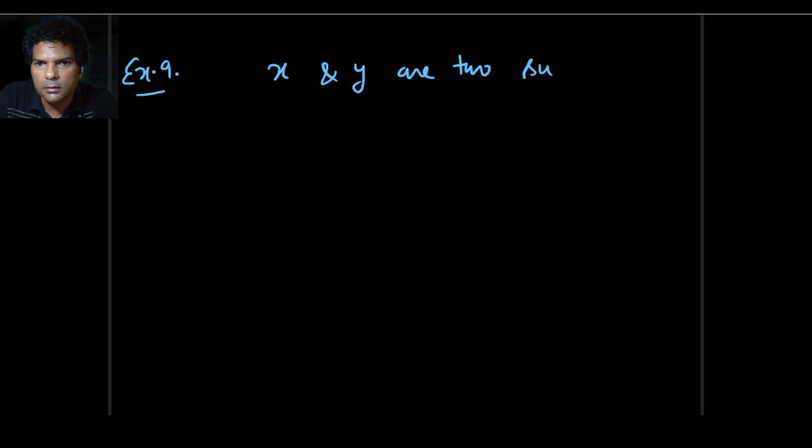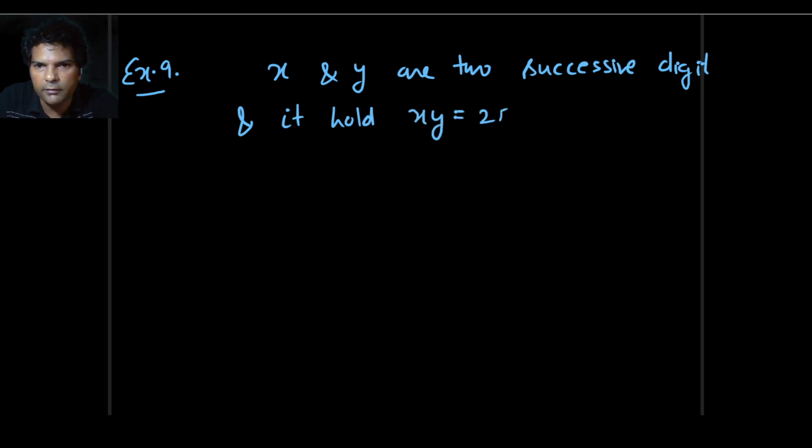Example number 9. The question is: x and y are two successive digits, and it holds that xy is equal to 25 and yx is equal to 31, where 25 and 31 are in base 10.